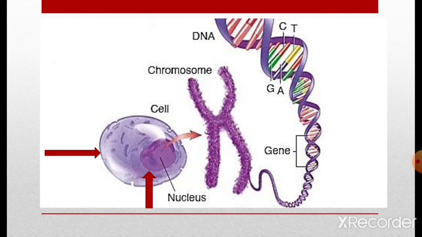Now look at this figure. In this figure, the cell is there, the nucleus is there, and in this nucleus there are 46 chromosomes. Chromosomes are actually a long linear DNA wrapped around histone protein, and a specific part of it is the gene.